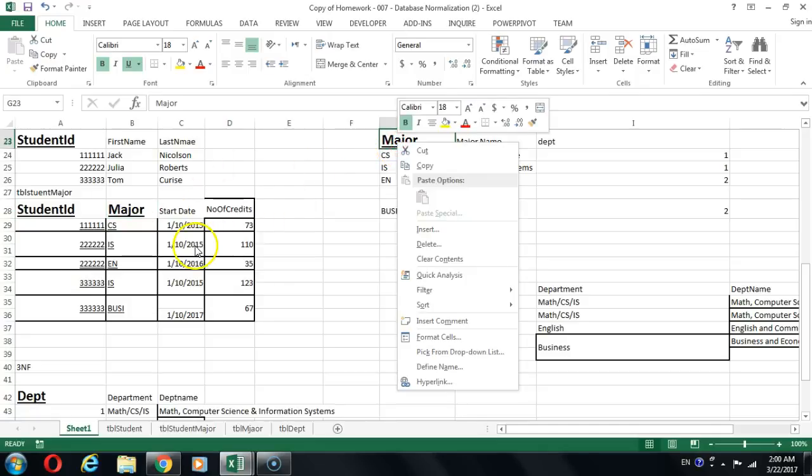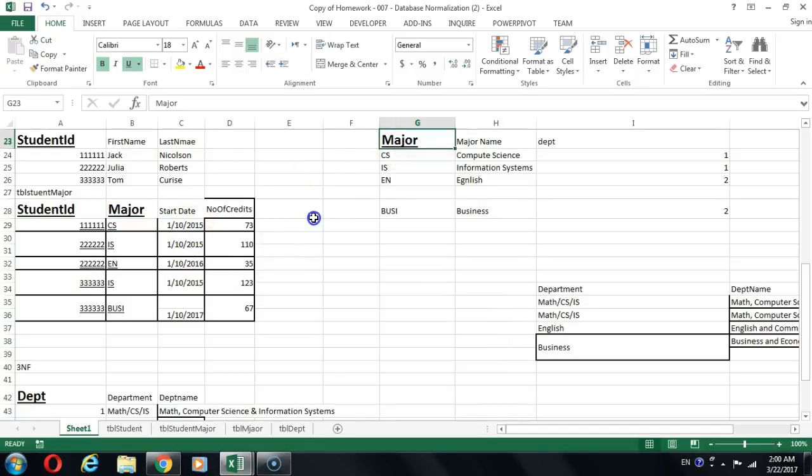So these two are actually going to be linked in a many-to-many relationship, but the major name and the student's ID are going to be linked to this table, and the department number is going to link those 2 tables. So I assure myself that all 4 tables are linked, and I'll be able to build the database in Access or MySQL in a piece of cake.